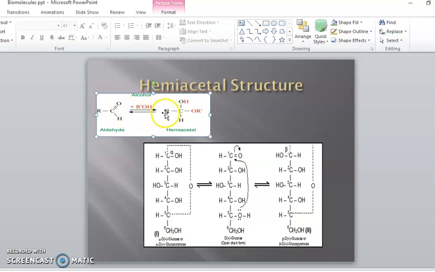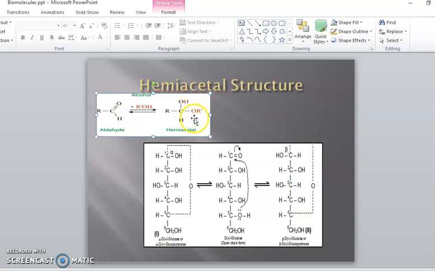So what's the net result? It becomes C with OH single bond and OR' single bond, with the existing R and H. So this C double bond O group, on one side becomes C-OH, and on the other side becomes C-OR'. Here R' is the alkyl group of the alcohol, and this is the aldehyde.